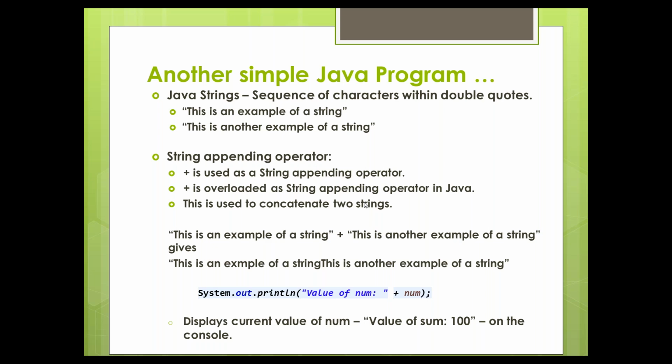Can you extend your question? Yeah, by default, whatever is within double quotes is considered as a string. That is the syntax for Java. For other languages it may be the same, but when we consider Java, anything that is within double quotes is considered as a string.